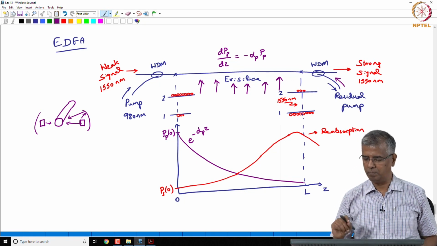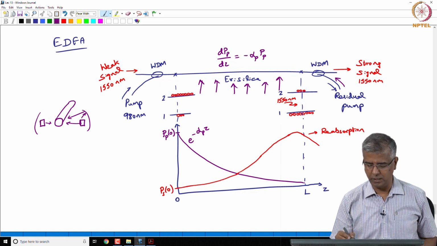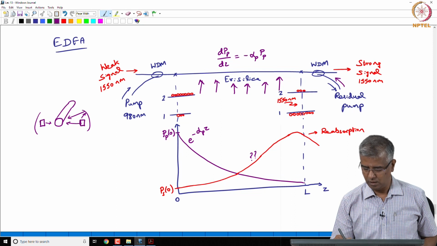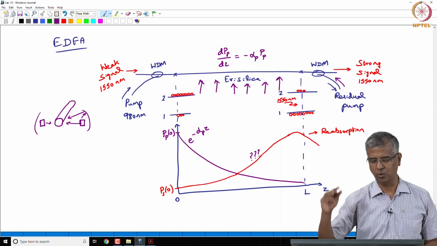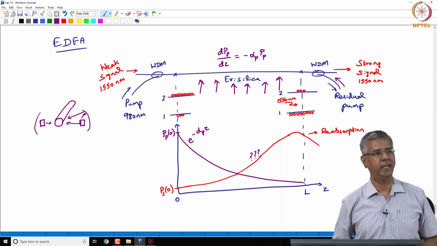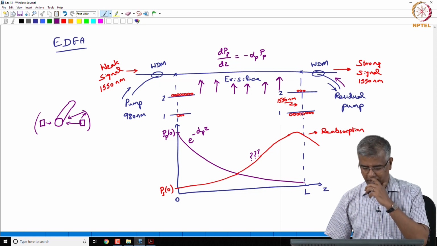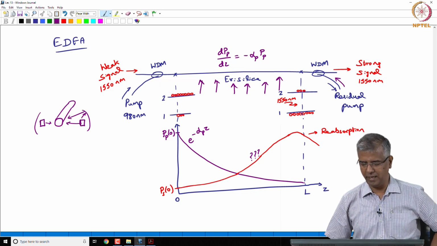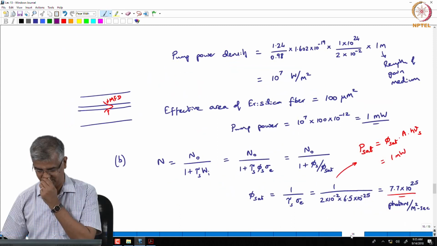Okay, so the question is, what is this dependence? How does that signal gain as a function of length? How do you evaluate this? Now, to evaluate this, you actually have to consider one particular point which we have so far sort of neglected.